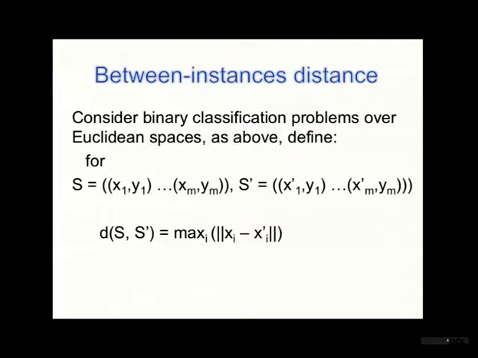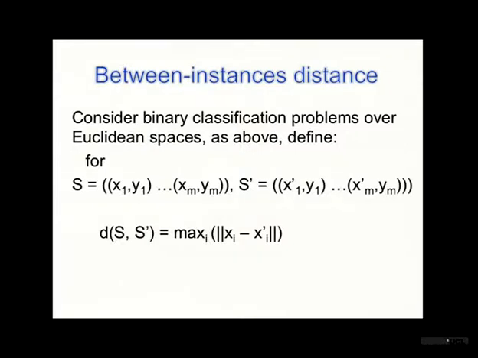Okay, so the next step is to define my notion of distance between instances, because I want to focus on instances such that every neighboring instance has the same answer. So I have to define a notion of neighborhood or distance between instances of my problem.